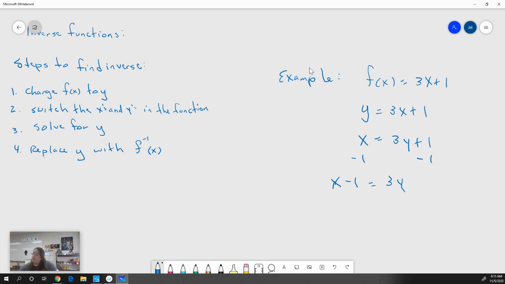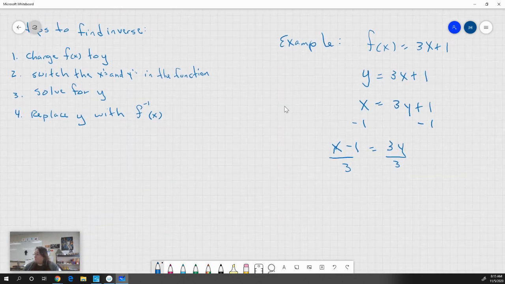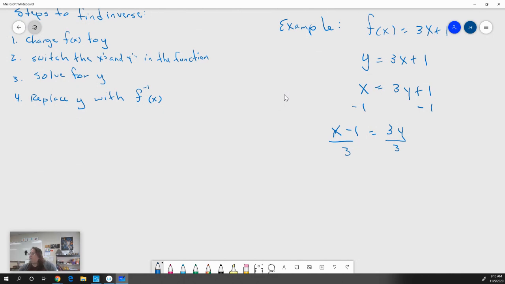Now I have 3 multiplied to it, so I'm going to divide both sides by 3, which is going to give me x minus 1 over 3 equals y, right?